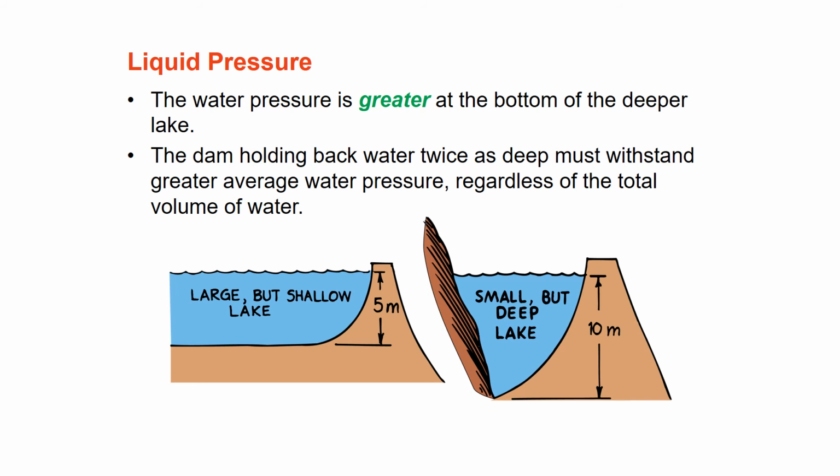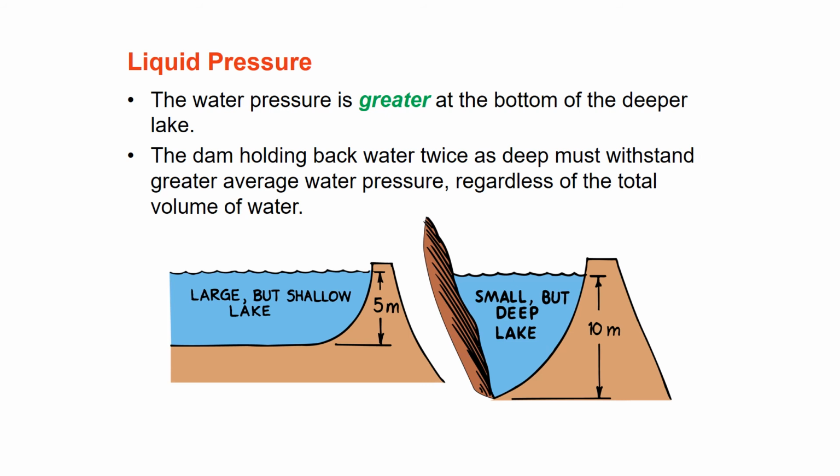The other one has a small but deep lake with a depth of 10 meters. The dam holding back water twice as deep must withstand greater average water pressure than the other one, regardless of the total volume of water.